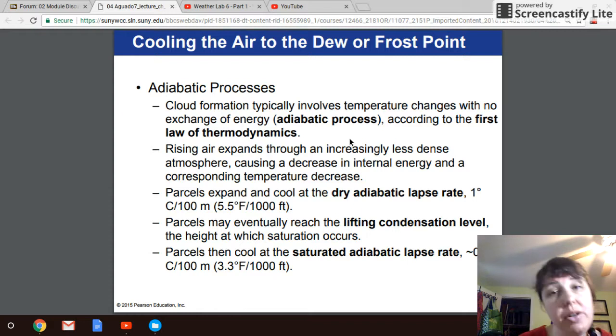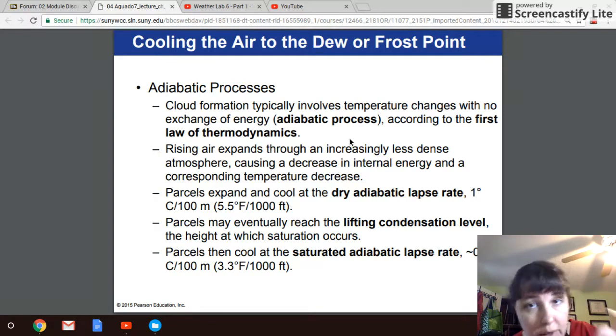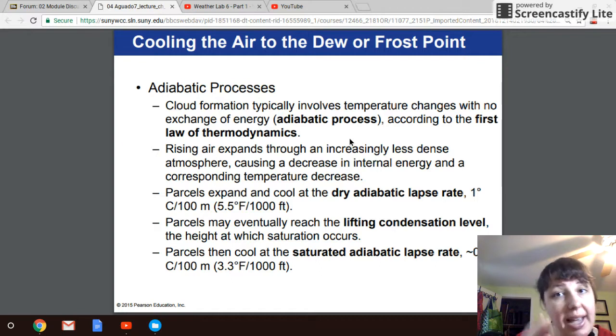If I take a parcel of air that's unusually warm and rising quicker, it will cool off at a dry adiabatic lapse rate. Once that parcel of air hits its dew point, it will start to form cloud material, or water will come out of suspension as those liquid droplets go from their state of more activity to a state of less activity. They actually warm up the air molecules around them.